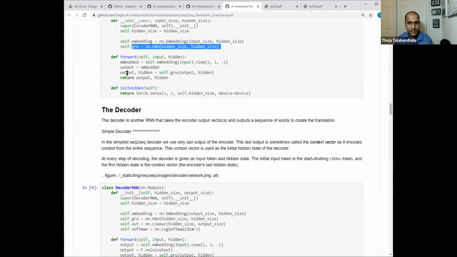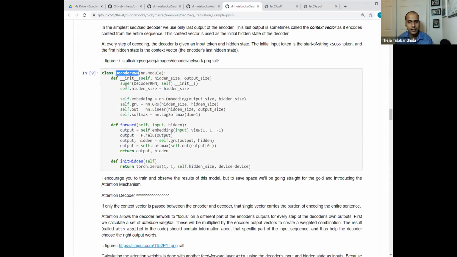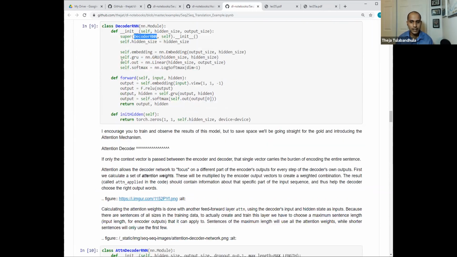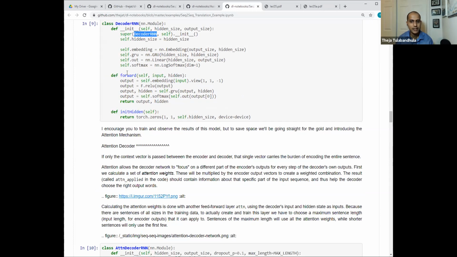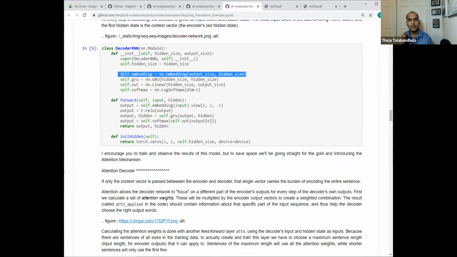The decoder is again an extension of nn.Module, and these steps are standard, class specific. When you extend a class from a base class, you need to call these steps. Now let's look at the decoder. Again, the decoder will have an embedding layer, because the decoder also needs to produce words. Let's go back here.